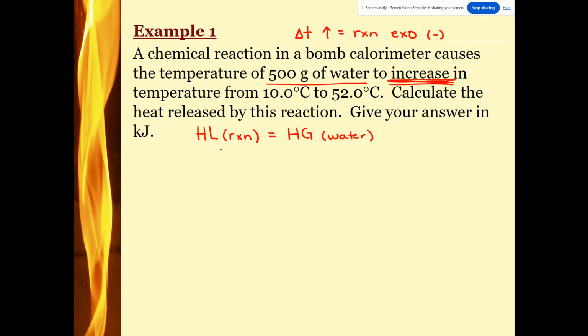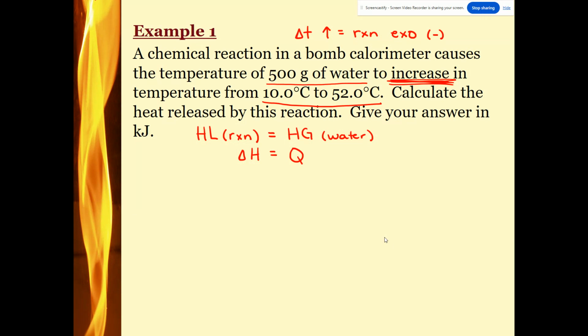Now my reaction side is always going to be measured with a delta H, because anytime you have a chemical change, you have a change in potential energy, that's measured using the formula for delta H. Anytime you have a temperature change, like what water is going through, a temperature change only, the formula we use for temperature changes is the formula for Q. Delta H and Q both mean energy.